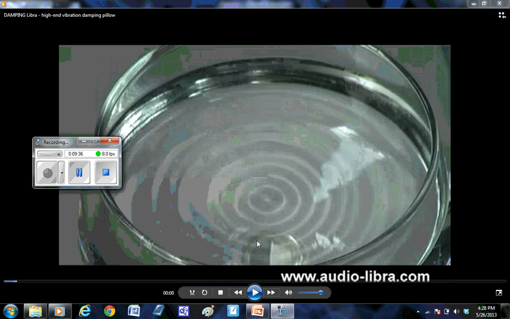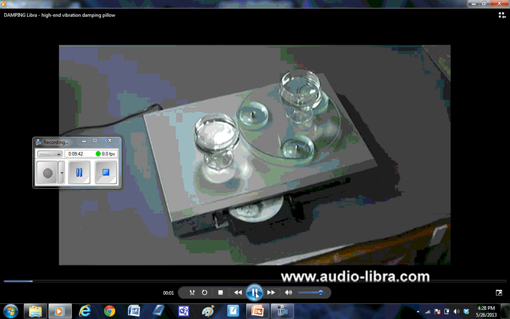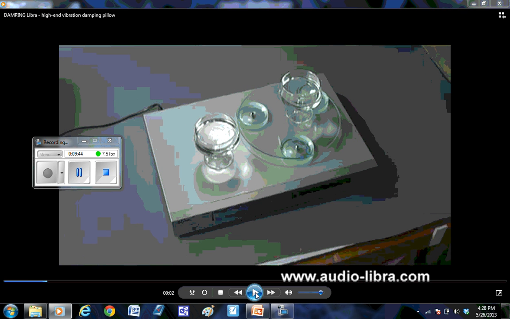So here's a great example of energy absorbent materials in a practical situation. You can see here we've got some kind of CD player, and as it's spinning, it's creating vibrations, and you see those vibrations being transmitted to this little glass of water.